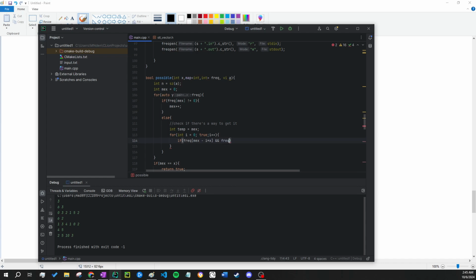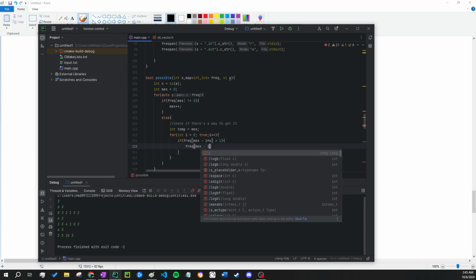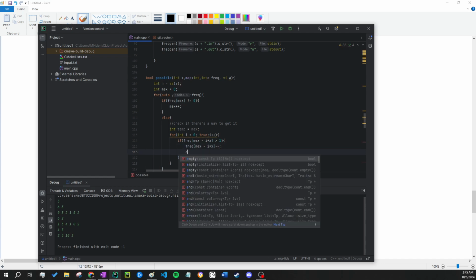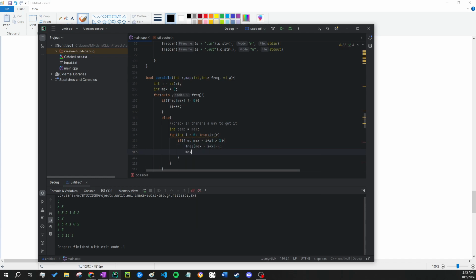And I guess the frequency is greater than 1. Because we're going to take that value i times x and just increase the max. And since it's true, we've got to break out of it.